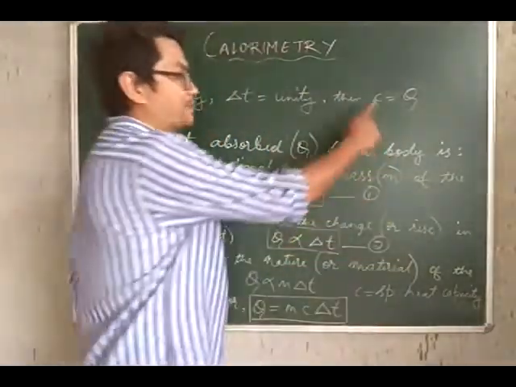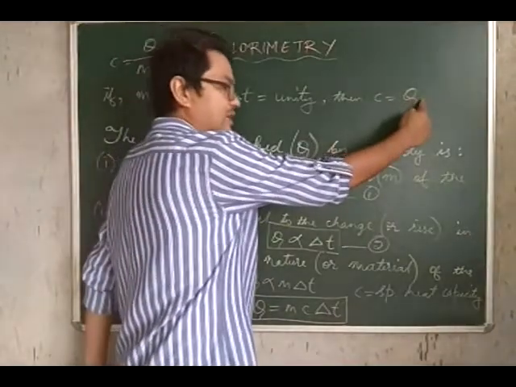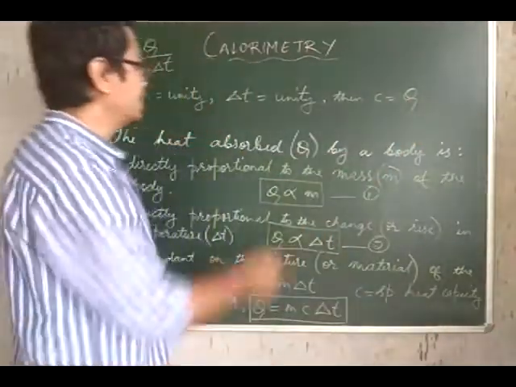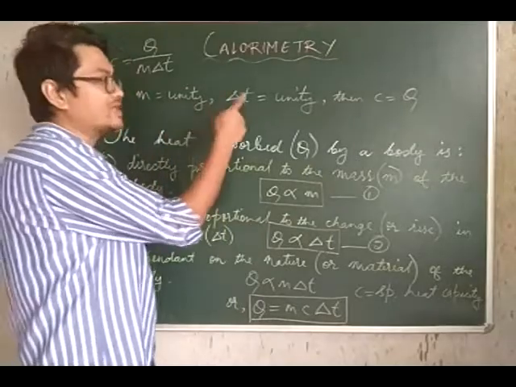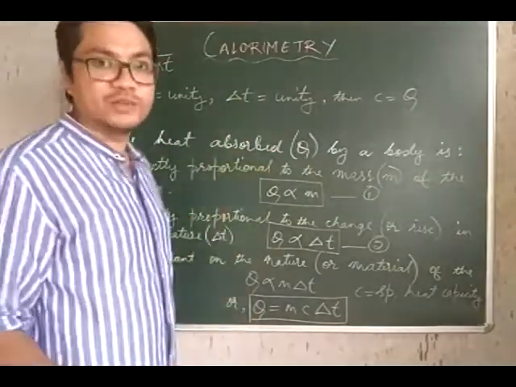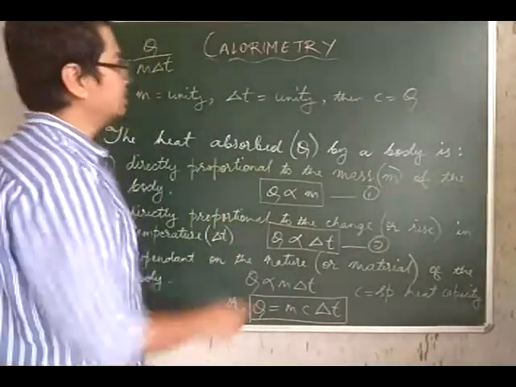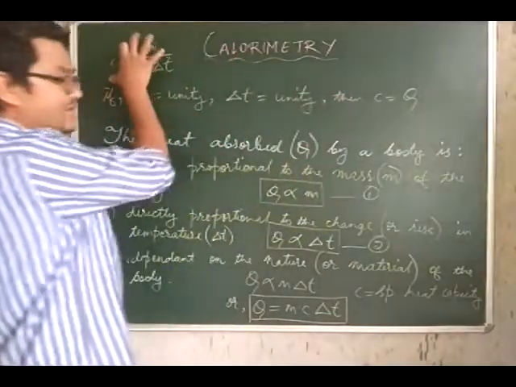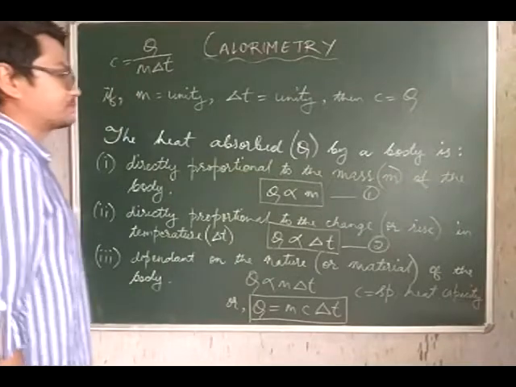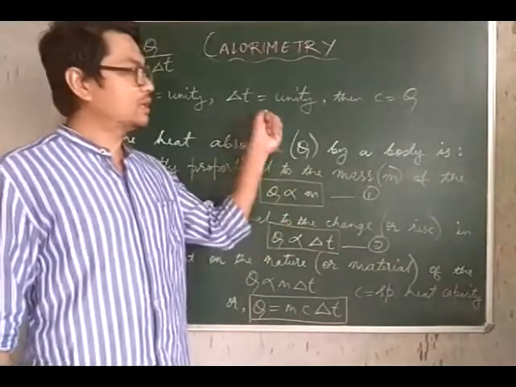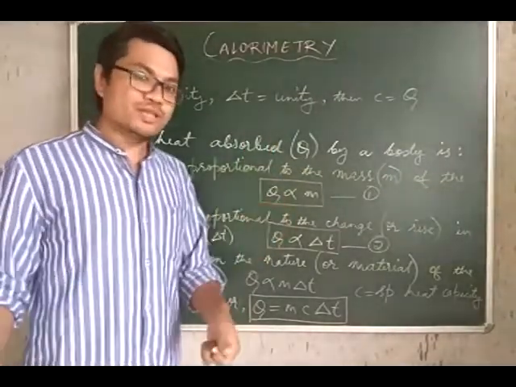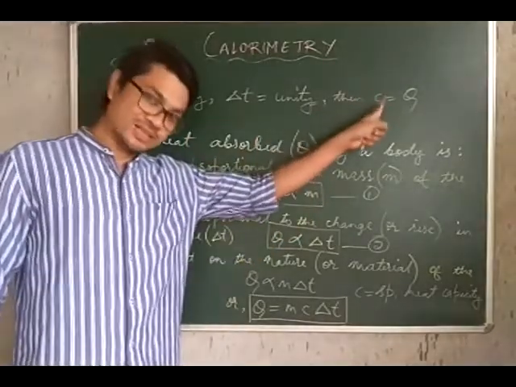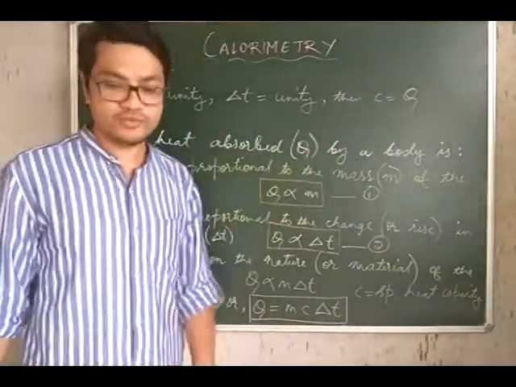You can say specific heat capacity is the amount of heat that is given to a body having unit mass to raise its temperature by unit degree. So from the mathematics, from the equation itself, you can write the definition. You can rewind the video, listen to the definition of specific heat capacity again, and write the definition yourself.